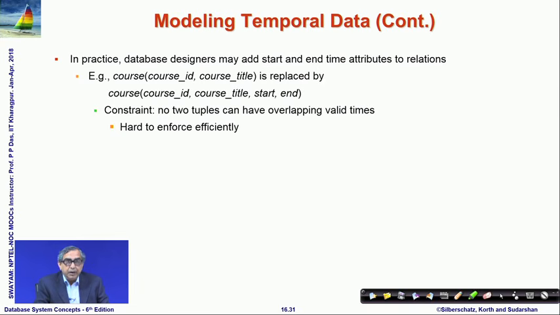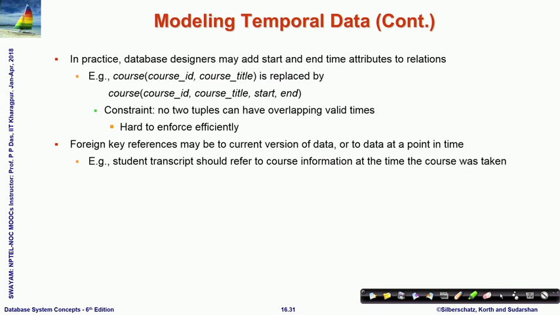A good design, but this also has issues, because if you use these temporal intervals, then how do you make sure that between two records the intervals do not overlap? You are not saying that at the same time this course had name x and this course also had name y. So, they have to be disjoint. How do you check for this consistency of data? There is no easy way to do that.